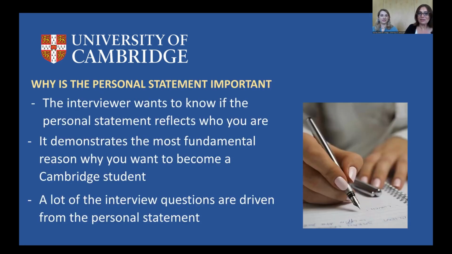Do you want to comment a bit on the personal statement? I definitely say go with what interests you and research things that interest you, because you do have to talk about it in the interview. And if you don't like it, it will come across in the interview.